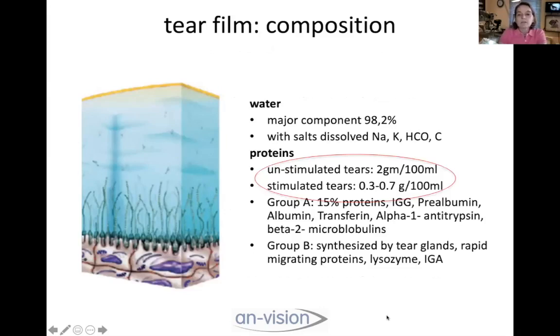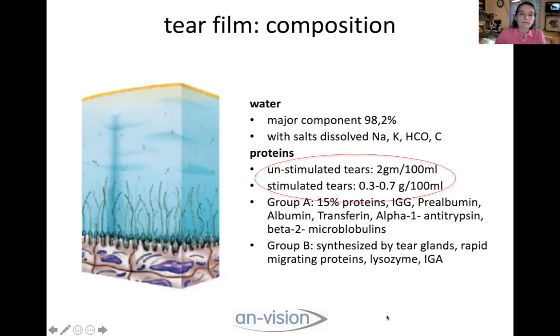And if you look at the stimulated tears, and we'll get to that later, what this is and how this works, the protein content is really low, and you can imagine that also the ingredients that compose the protein content will be really low. So the stimulated tears will be of less quality than the unstimulated tears that come from the lacrimal gland and the accessory glands.